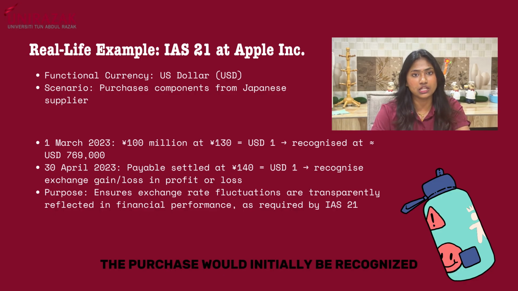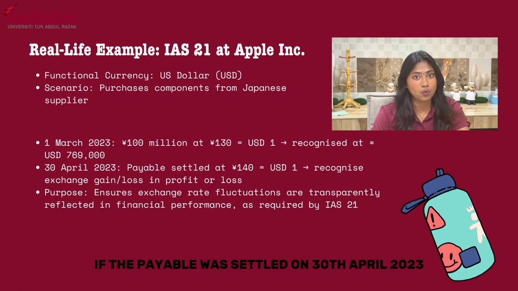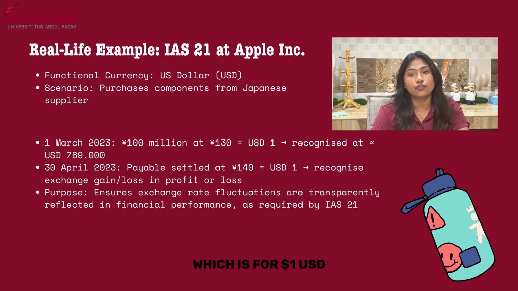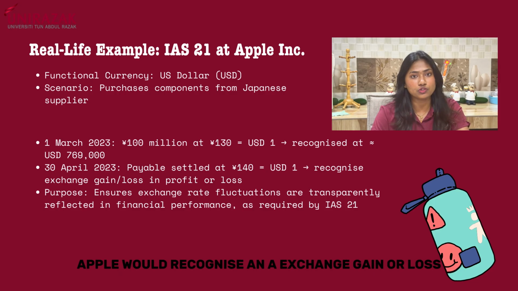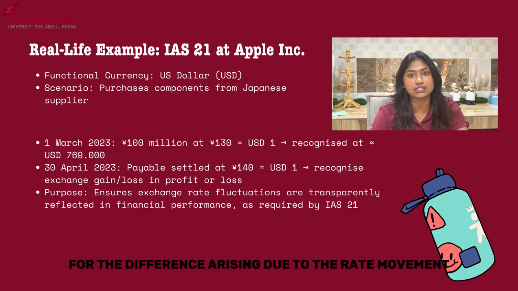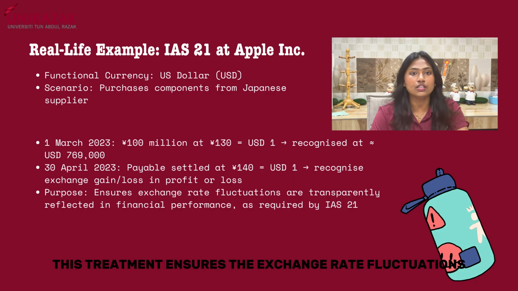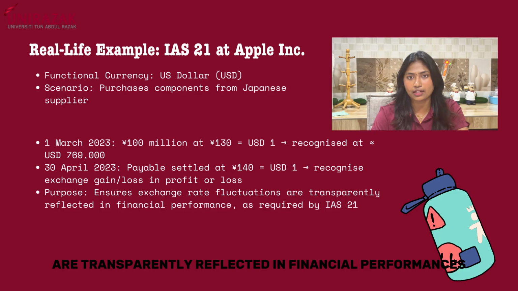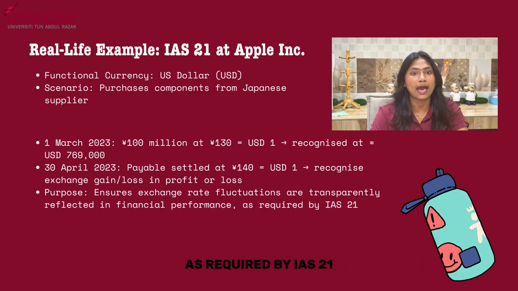The purchase would initially be recognized at approximately $769,000 USD. If the payable was settled on 30th April 2023, when the exchange rate changed to 140 yen for $1 USD, Apple would recognize an exchange gain or loss in profit or loss for the difference arising due to the rate movement. This treatment ensures the exchange rate fluctuations are transparently reflected in financial performance as required by IAS 21.